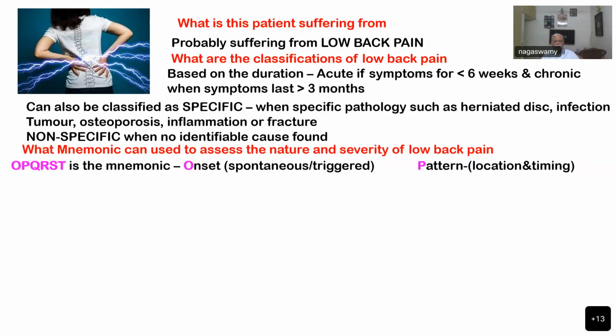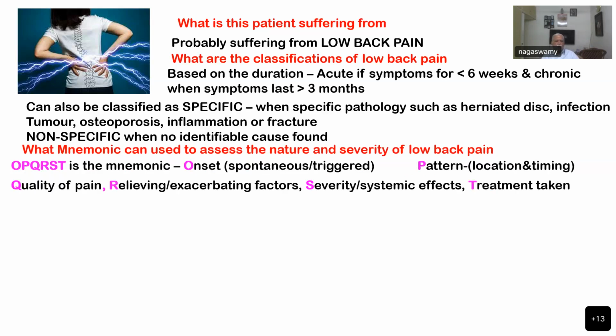P for pattern, where is the location and timing of pain. Q for the quality of pain. R for factors relieving or exacerbating. S for severity and systemic effects. And T for treatment taken. If you remember OPQRST, you can easily take all the history relevant to low back pain.